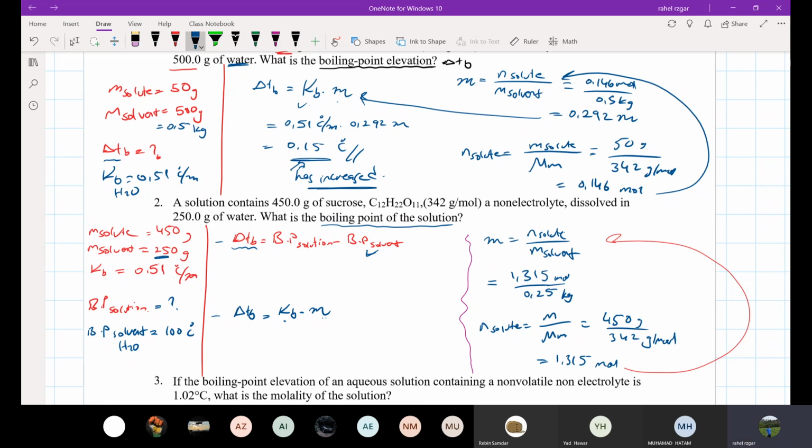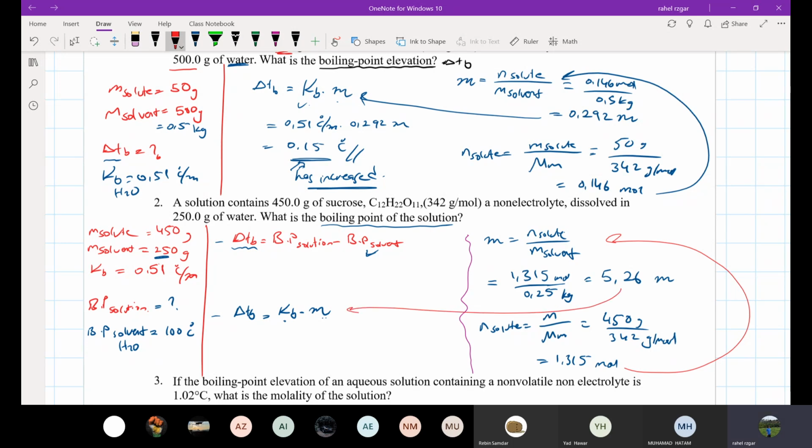So divided by 0.25, we get 5.26 molal, and we put the molality here as well.